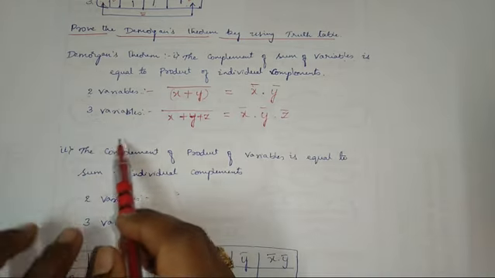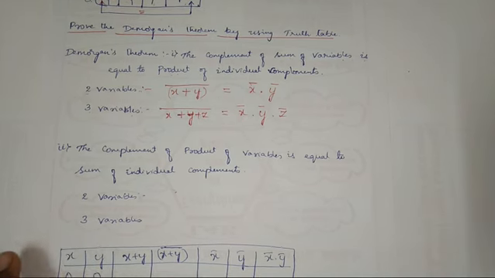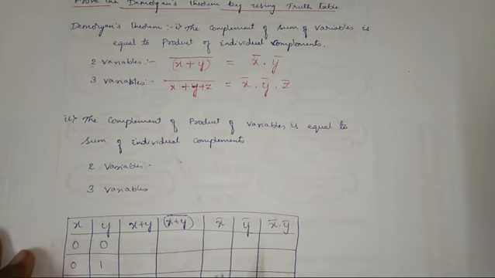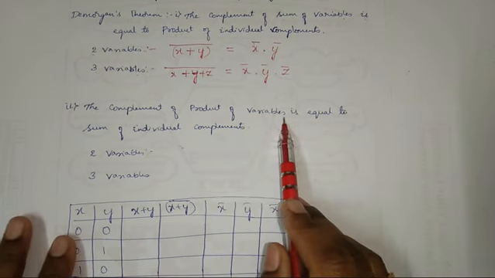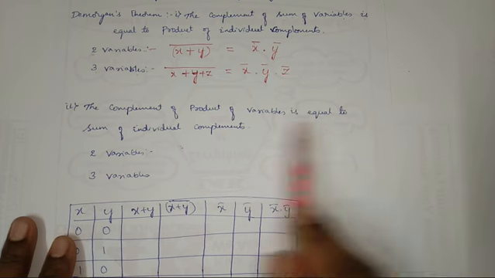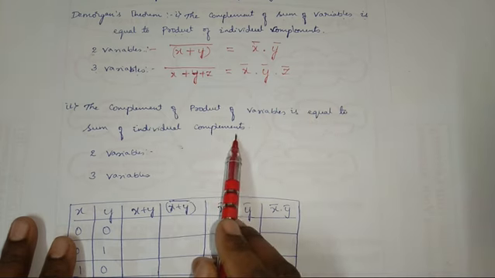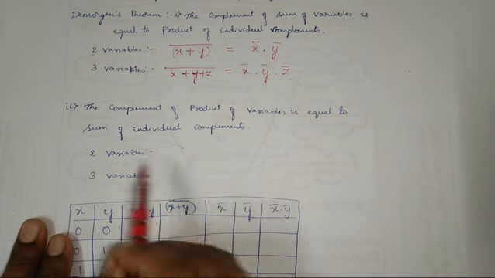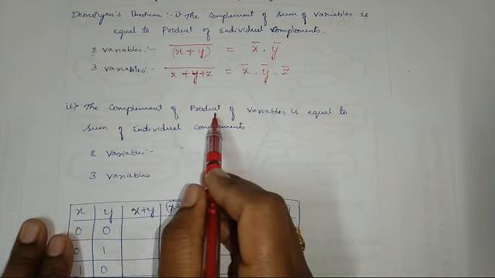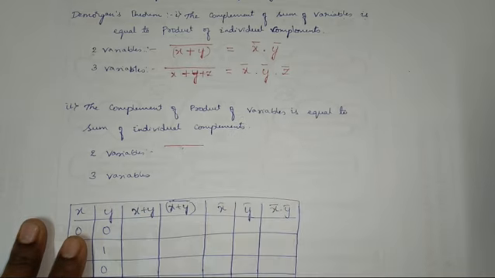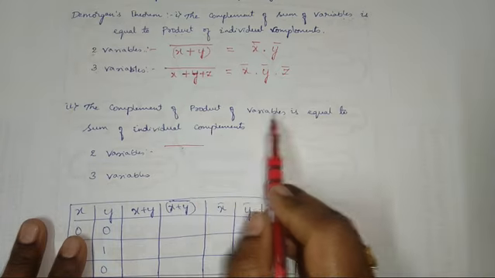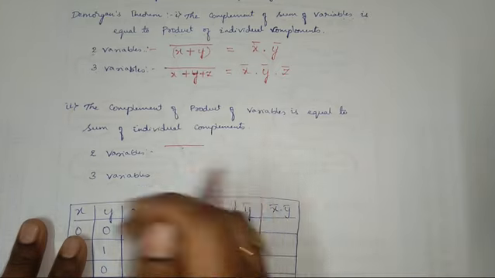Next, the second form of DeMorgan's theorem is the complement of the product of variables is equal to the sum of the individual complements. The complement of the product, so I am writing a complement first, product of variables. Product means into, right?